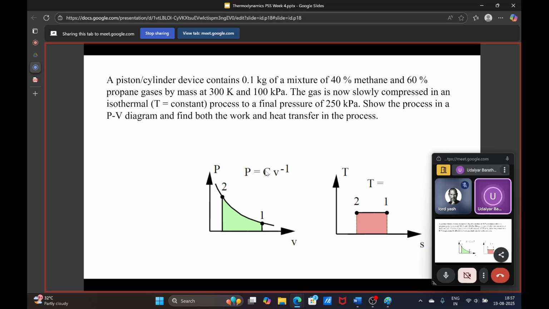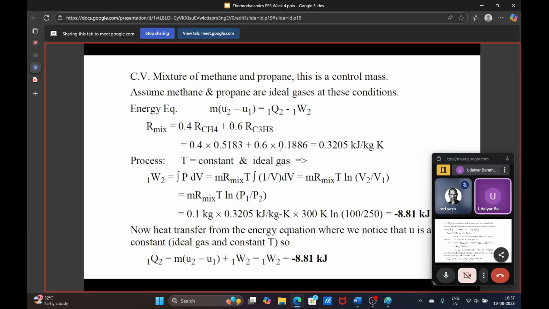So for an isothermal process, the process equation is PV equals constant. With that, applying the first law equation, you get m(u2 minus u1) is Q minus W. Now finding work is the integral of P dV. If you integrate P as C by V, what you get is MRT ln V2 by V1.